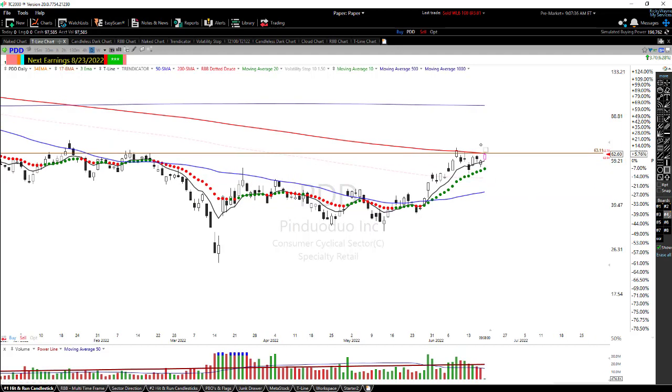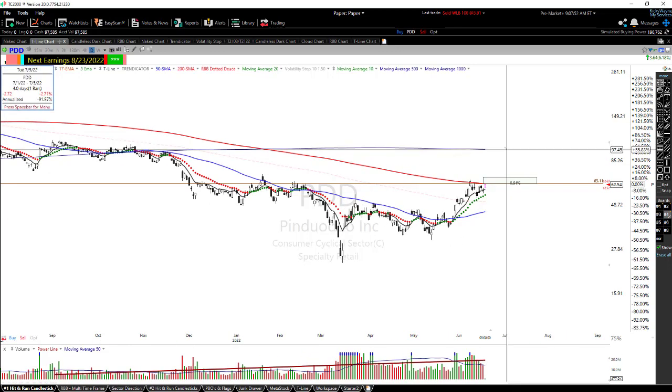Let it break out if you want, and then put a buy box up there like that, and then buy it up there. Nobody says you have to buy it down here. Let it break out, let it test, let it do that same old thing again. So anyway, nice chart here. There's that 500 period moving average, and look at that resistance right up here, or a good target zone.